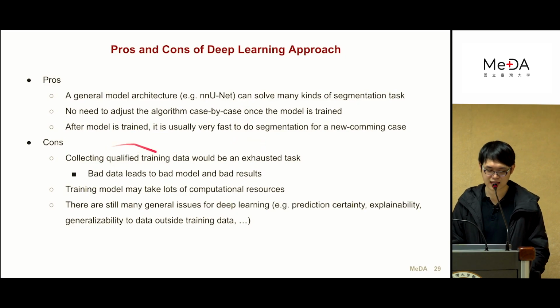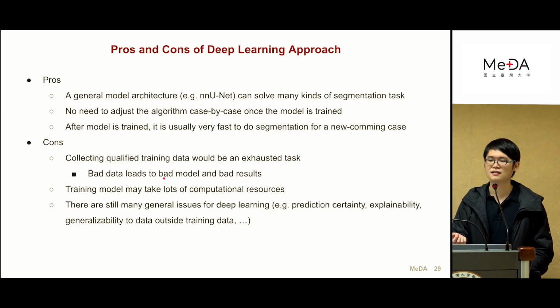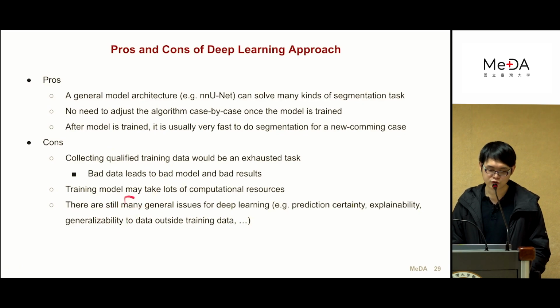But it also has some cons, like if you give the model bad training data, it can provide you a bad model. And the training of the model itself can take a lot of time and computational resources. And there are also some general issues for deep learning, like we don't know what the model is actually doing, so it lacks some explainability.